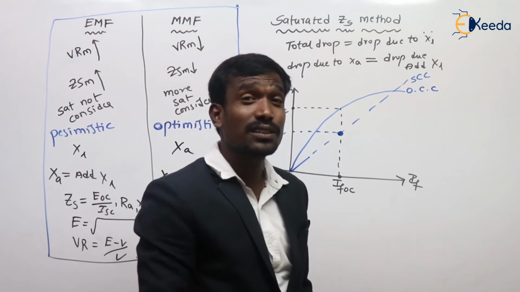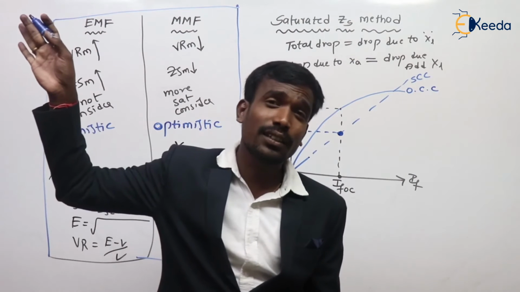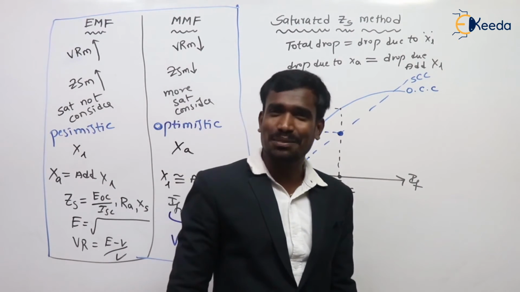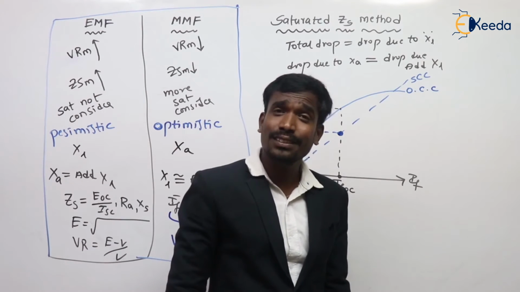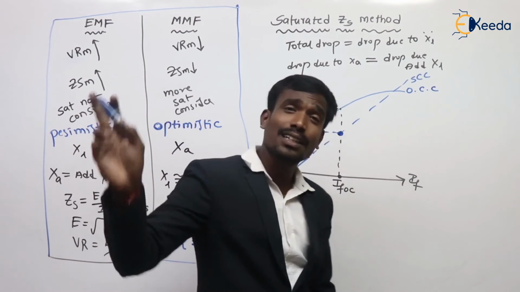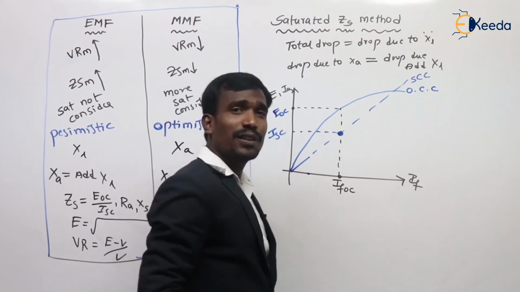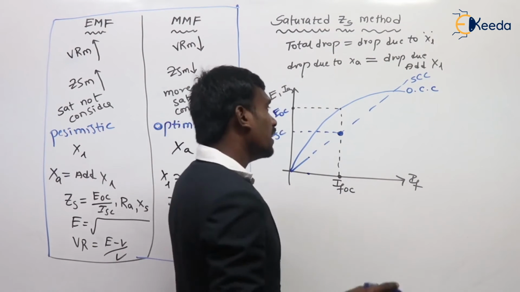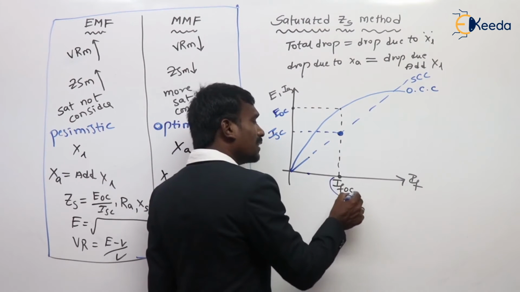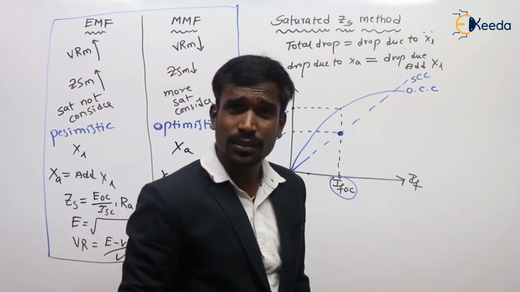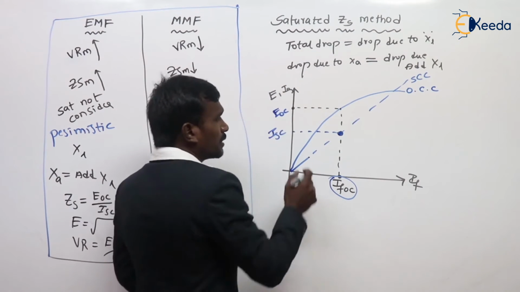This is the difference between the unsaturated synchronous impedance method and the saturated synchronous impedance method. What is the difference? There we calculated at IFSC, right? But here we are going to calculate at IFOC. Are you getting it or not? Actually, how is the synchronous impedance?